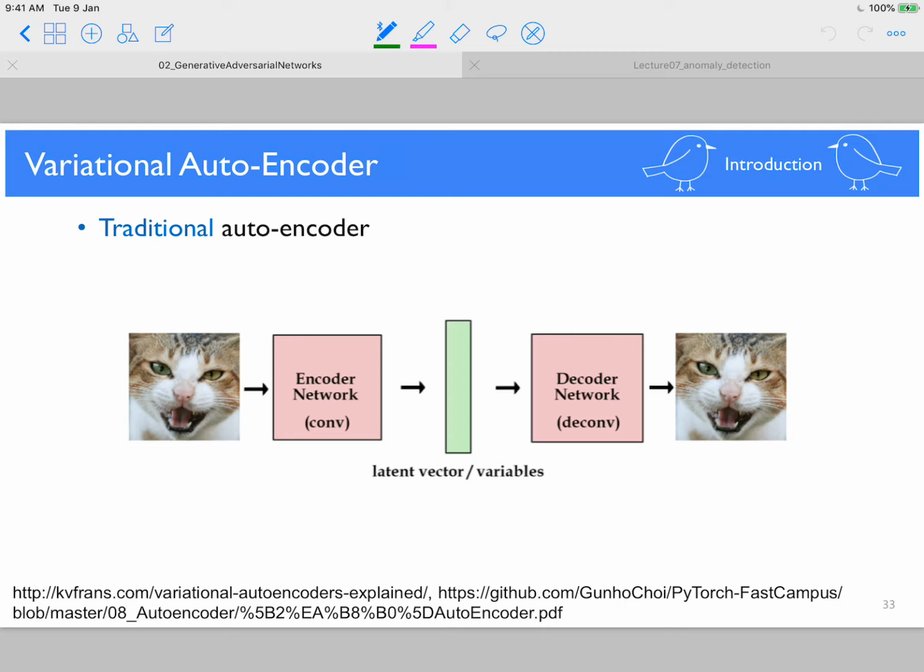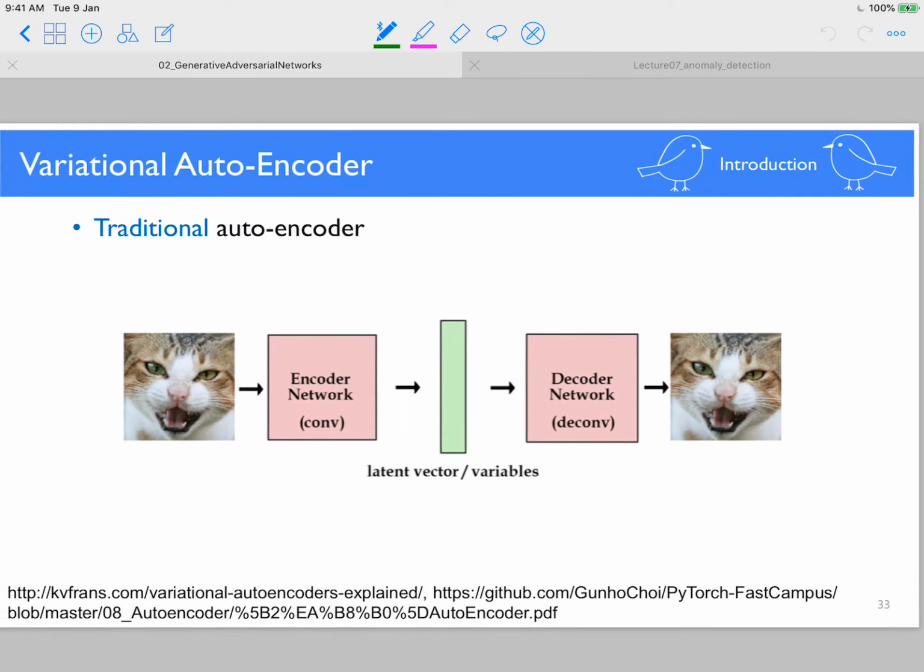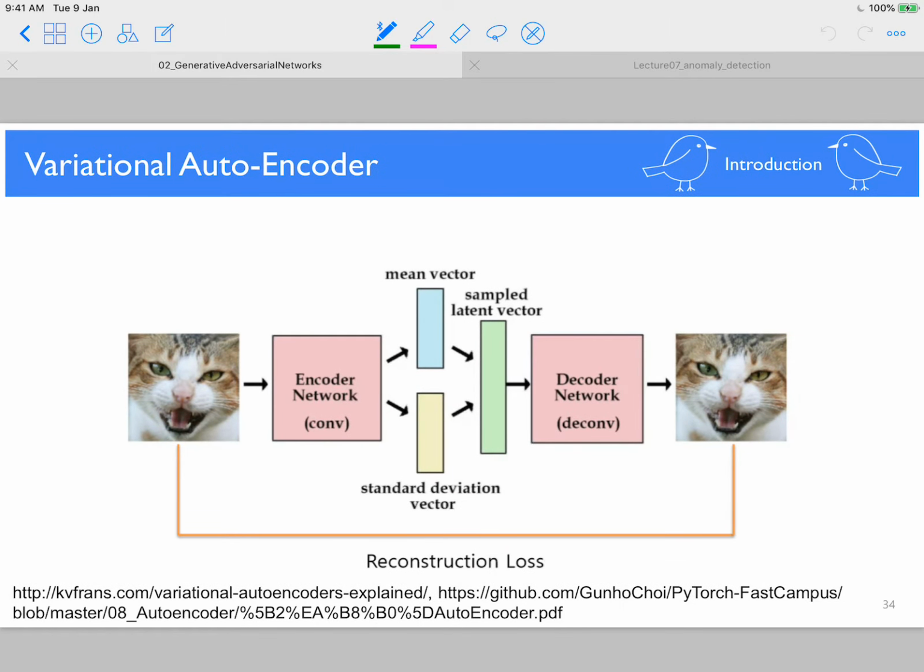But I'm just going to give you some intuitive understanding of this variational autoencoder, which seems sufficient to understand many of the state-of-the-art VAE-based generation models in computer vision and also natural language processing. Okay, so it is basically an autoencoder.